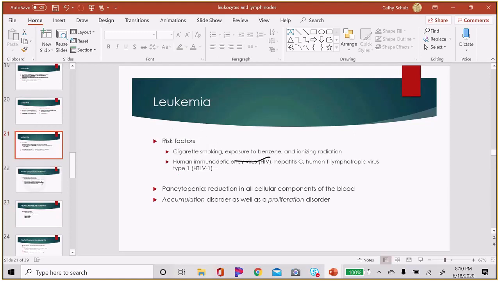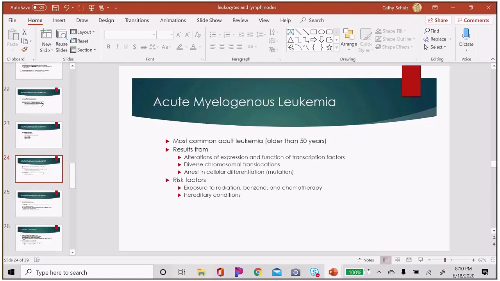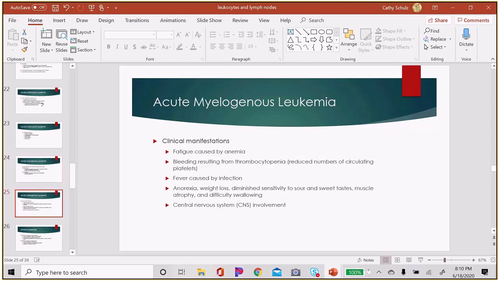And there does tend to be a family tendency for it; these are some of the risk factors. Acute myeloid leukemia, or myelogenous leukemia, AML, is more common in adults, and is the myeloid side. So those other immature white blood cells, the neutrophils, monocytes, it's those progenitor cells that are overgrowing.